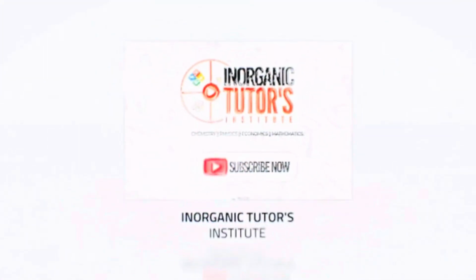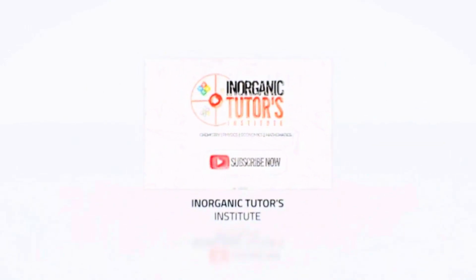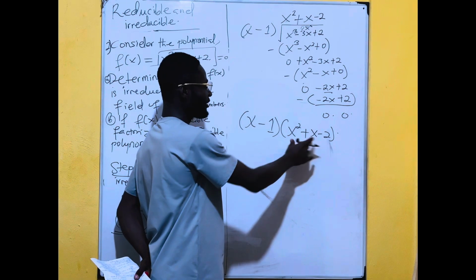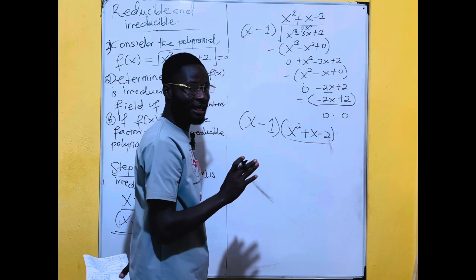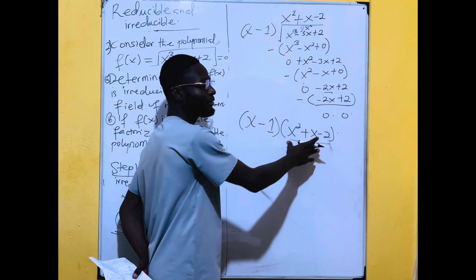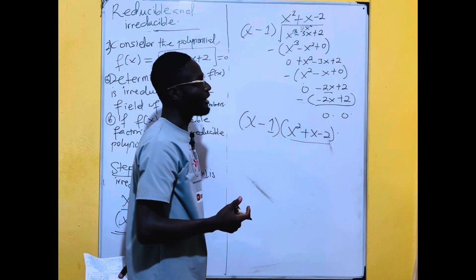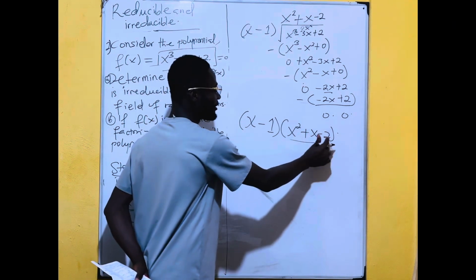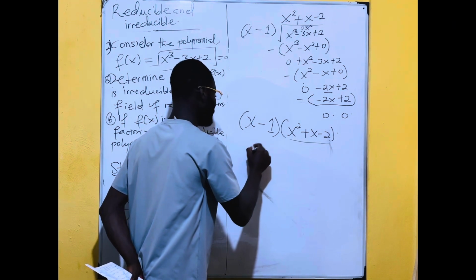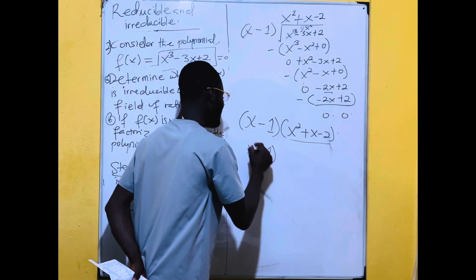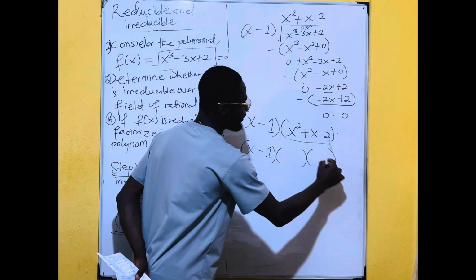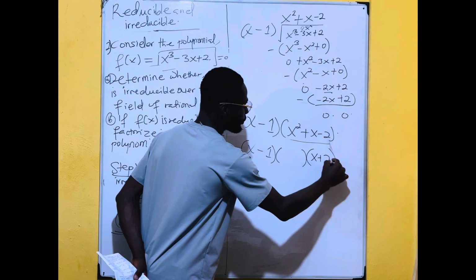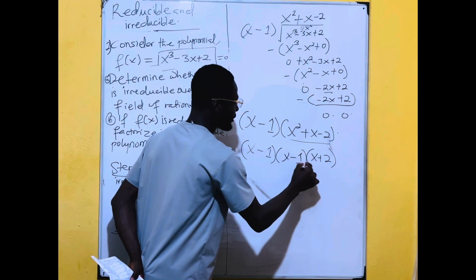Once we have this, then this expression can be factorized again. But now we are not going to use long division again. We know that this is a quadratic expression. So we have x minus 1, and then this, when you factorize it, you are going to have x plus 2 and x minus 1.